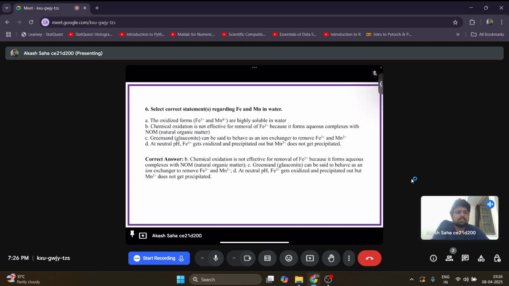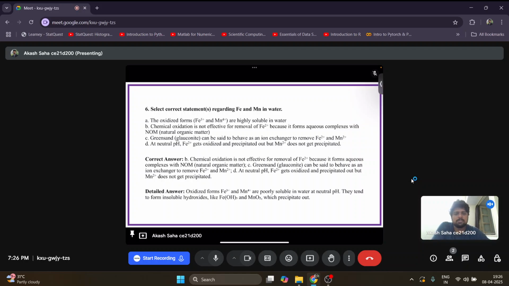Let's discuss the answer. So the correct answers are B, C, and D. The only incorrect answer is the first statement, because the oxidized forms, that is the ferric and the Mn4 plus forms of manganese, generally get precipitated. So these are not highly soluble in water, but kind of a precipitate. So that's what is written.